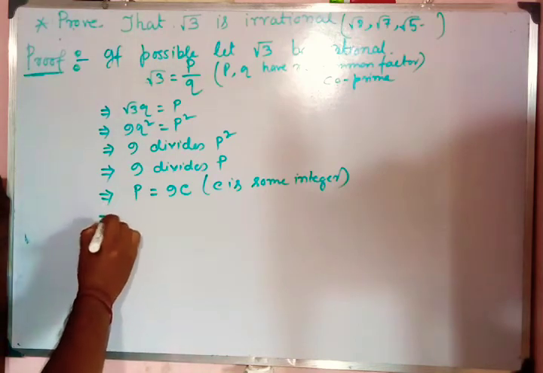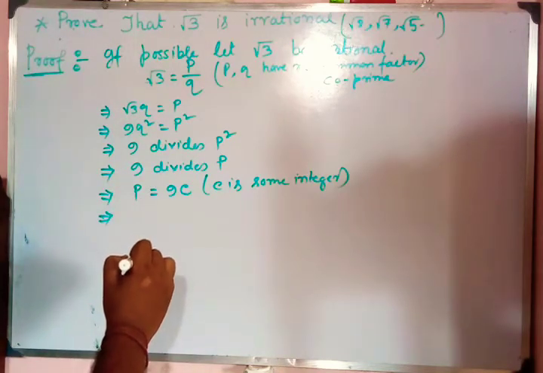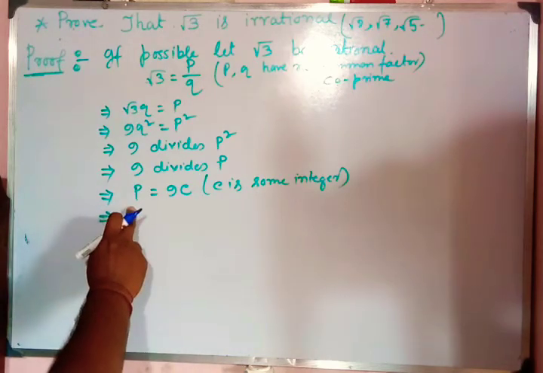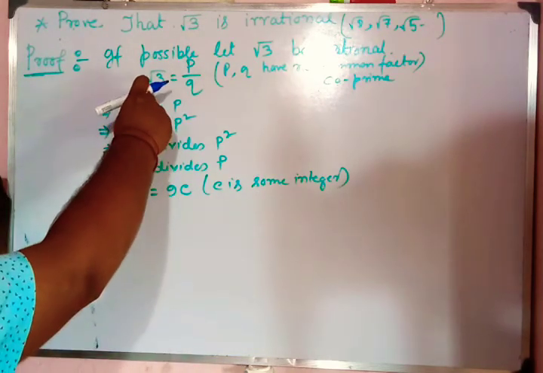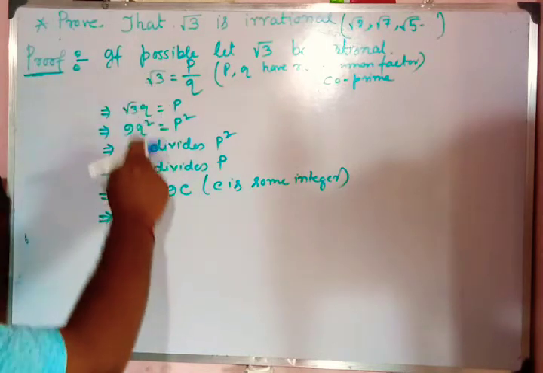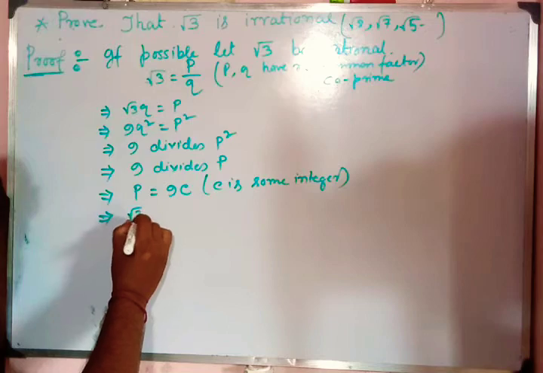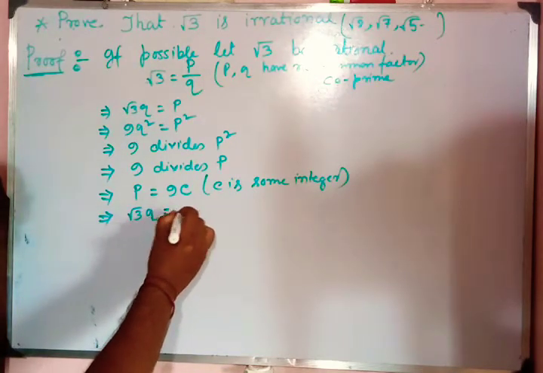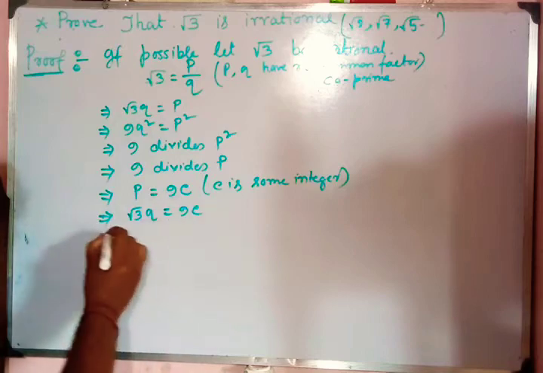Okay, now again P is equal to how much? Root 3Q. So we are putting over here, root 3Q is equal to 3C.